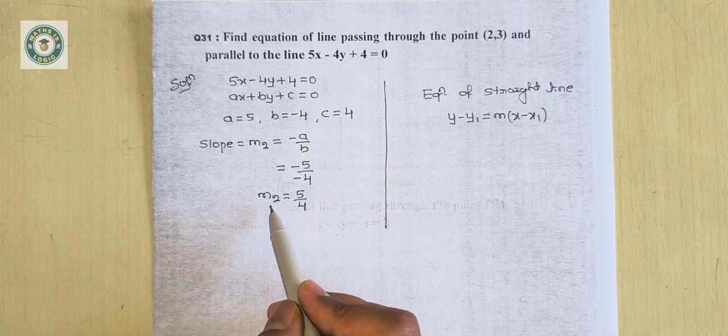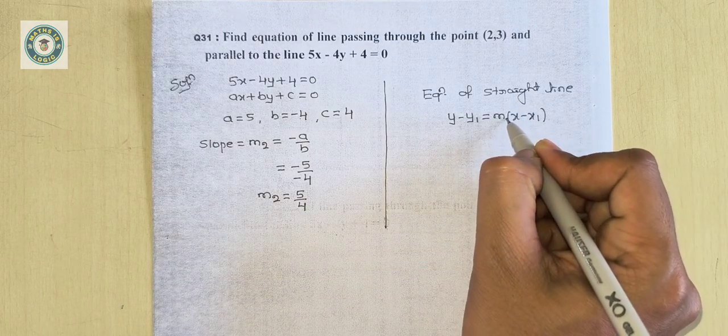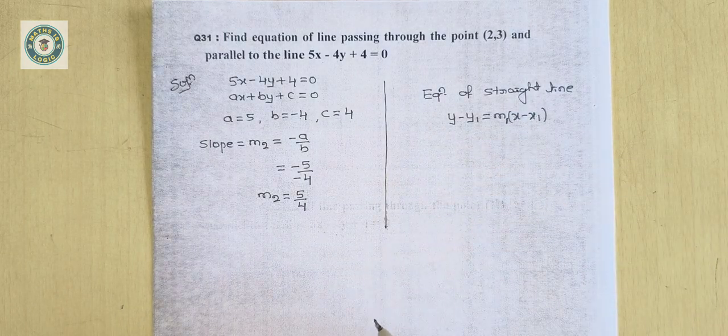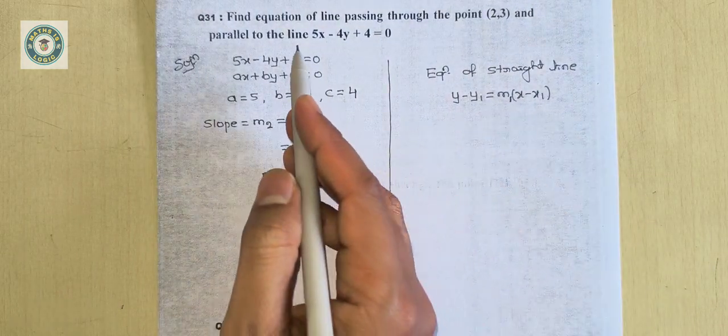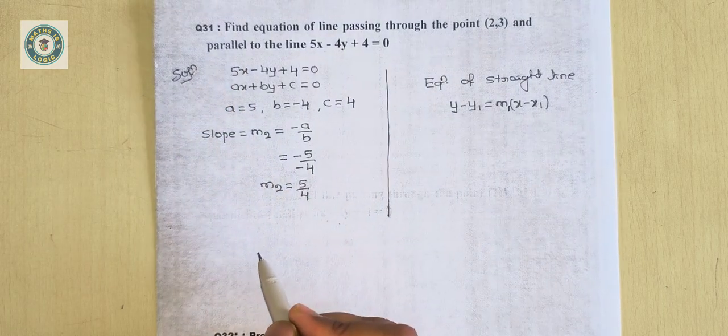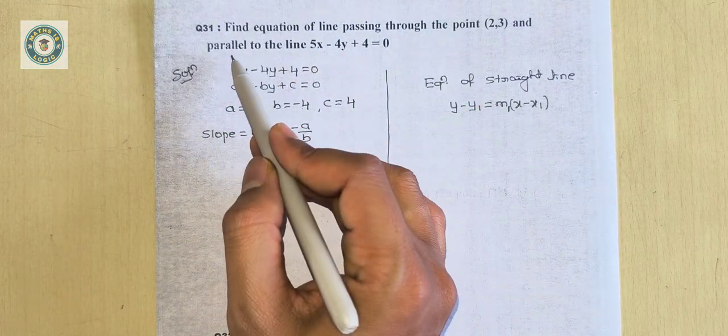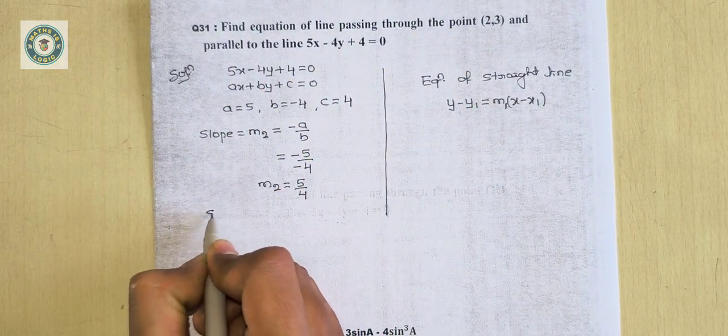Now, using this second line slope, we are going to find the first line slope using the parallel condition. Both the lines are parallel. So write that condition.